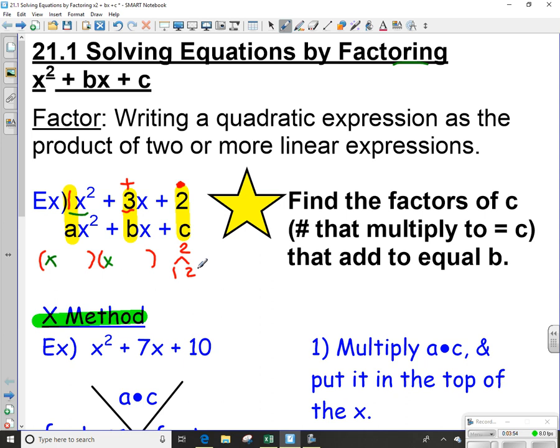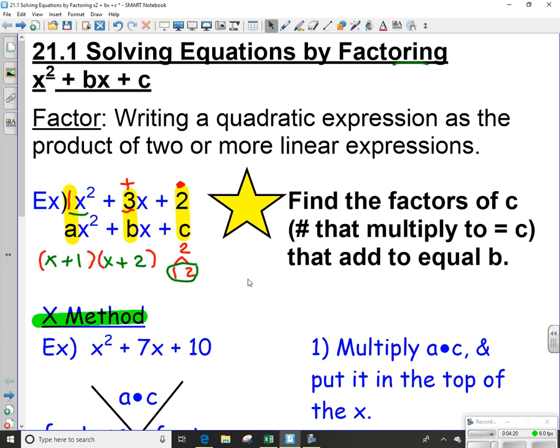Now, I take these two numbers that we just found, and I put them in the parentheses at the very end. It does not matter which one goes where. I could flip-flop this 1 and 2, but they are both positive. 1 and positive 2 will add together to give me 3, and so I get x plus 1 times x plus 2. And there's my answer.